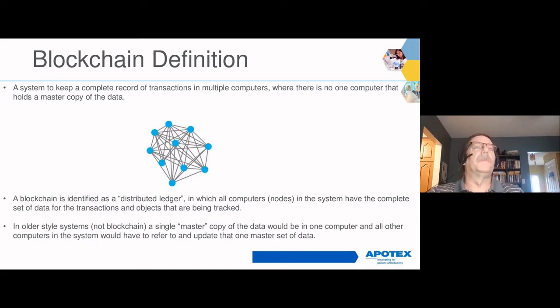So an example of a blockchain that everyone should know about is Bitcoin, the money that is just recorded out there on the internet on the blockchain, and it's an open blockchain that anybody can decide to go into as long as their computer has enough computing capacity to deal with it.